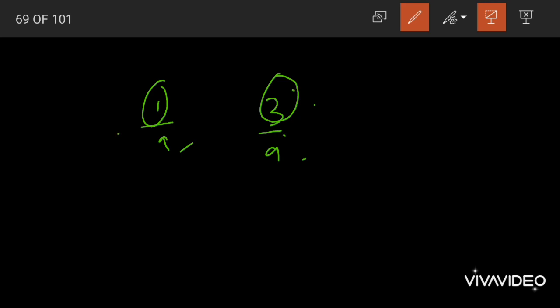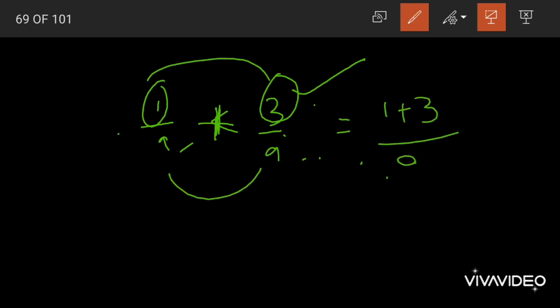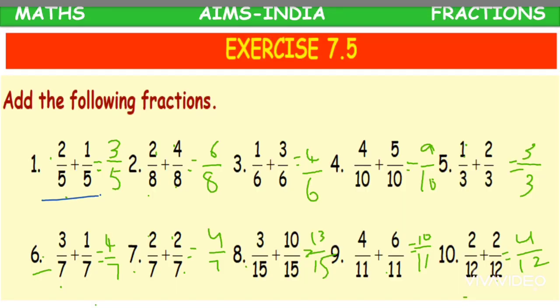The fraction with the greater numerator becomes the greater fraction. And how do we add two like fractions together? Sum of the numerators divided by our common denominator. So 1 by 9 plus 3 by 9 will be equal to 4 by 9. Understood, children?